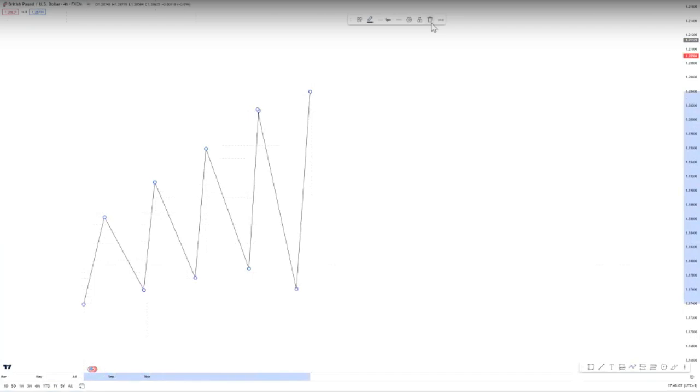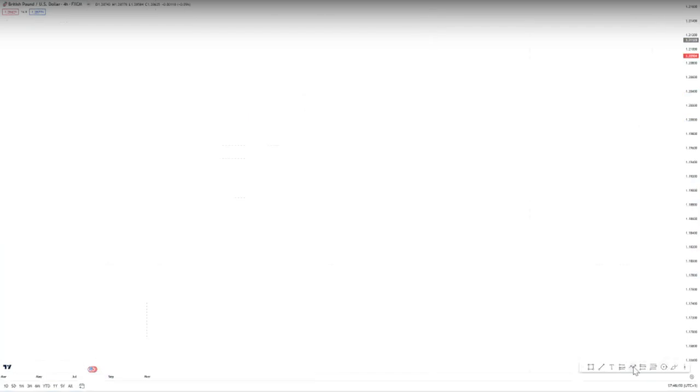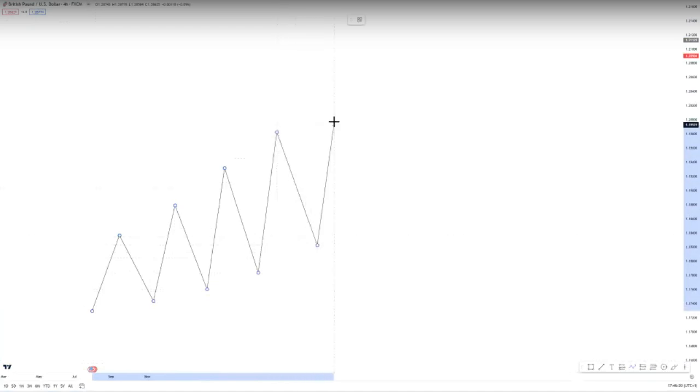Sorry, I think this is not clear. Okay, this is what a bullish structure looks like. Now, for you to say that this market is bullish, the market needs to print for you a higher high and a higher low, a higher high and a higher low.